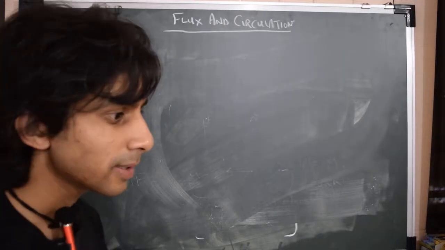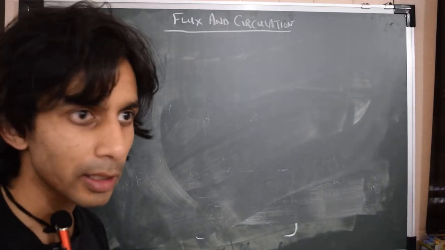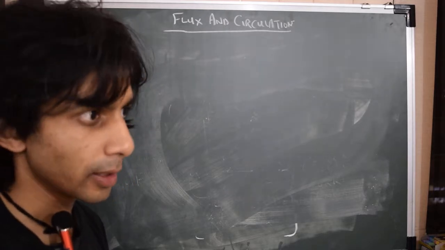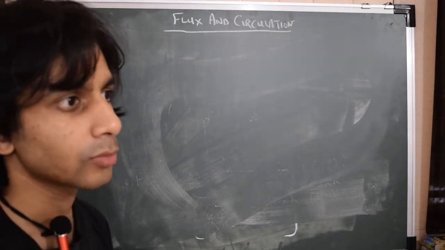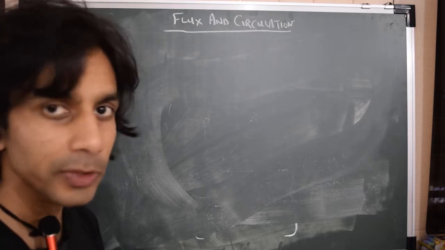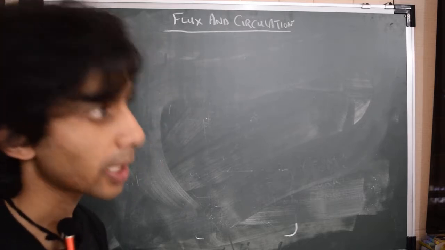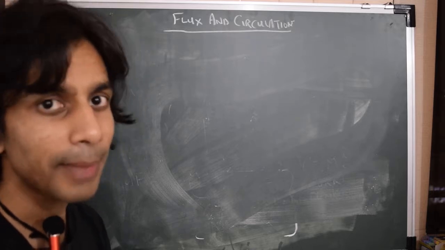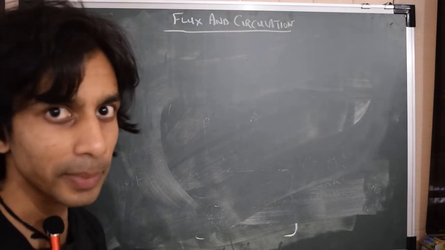Hello and welcome back. So in the previous videos we started talking about integration of complex functions, and in particular, in order to understand what complex integration means physically, we started talking about how we can think of complex functions or mappings as vector fields in the two-dimensional complex plane.